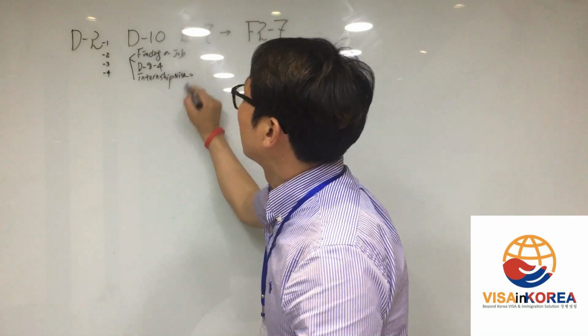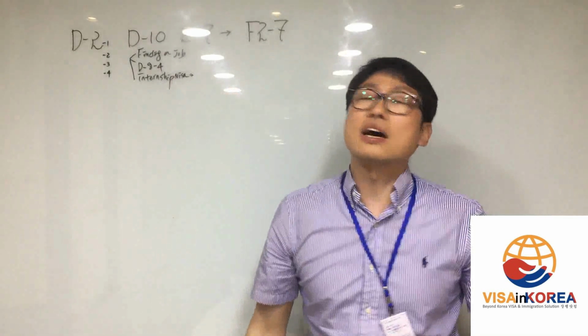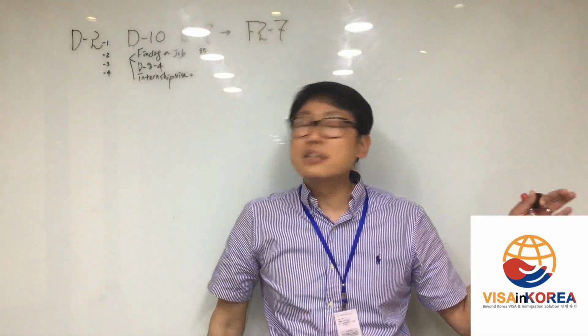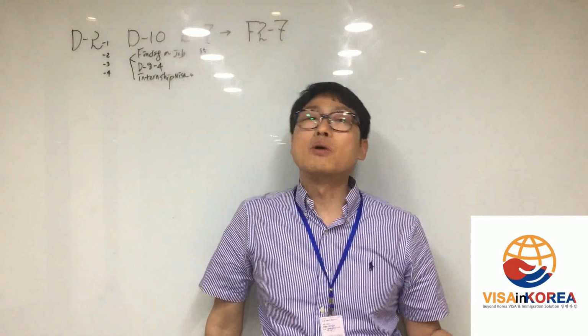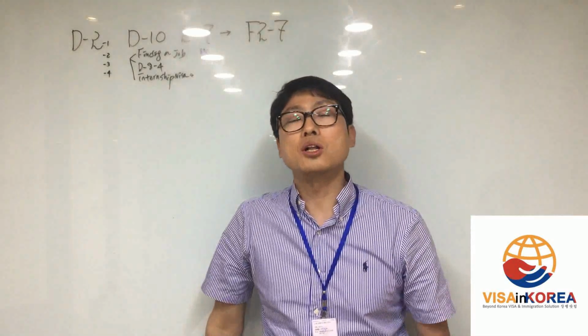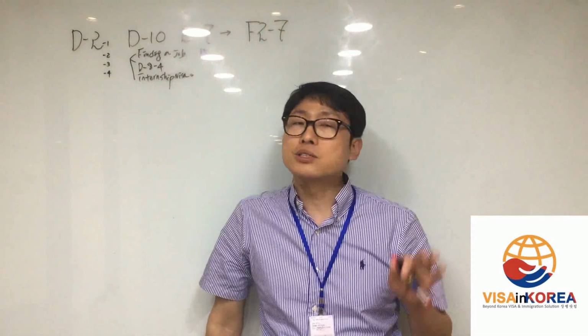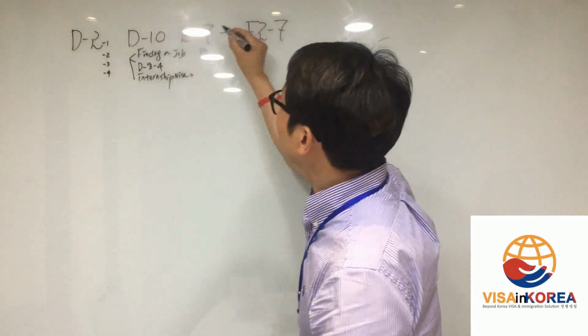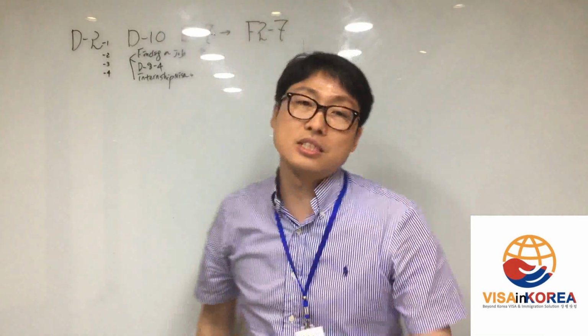E7 is allowed to work, and there are 85 job categories. Most professional expats are holding E7, especially E7-1.